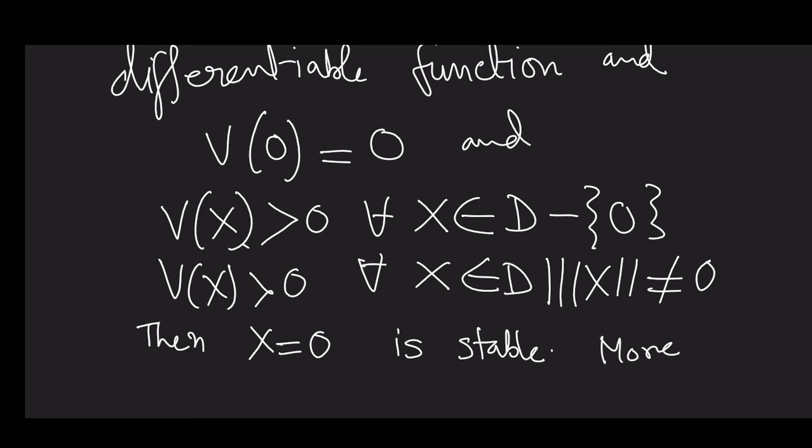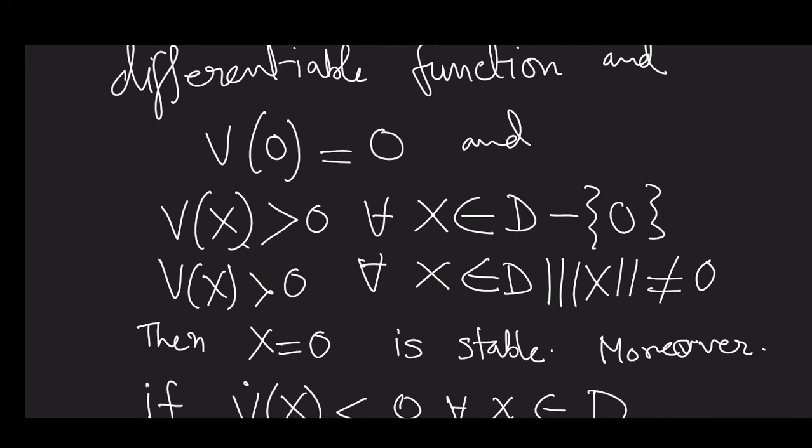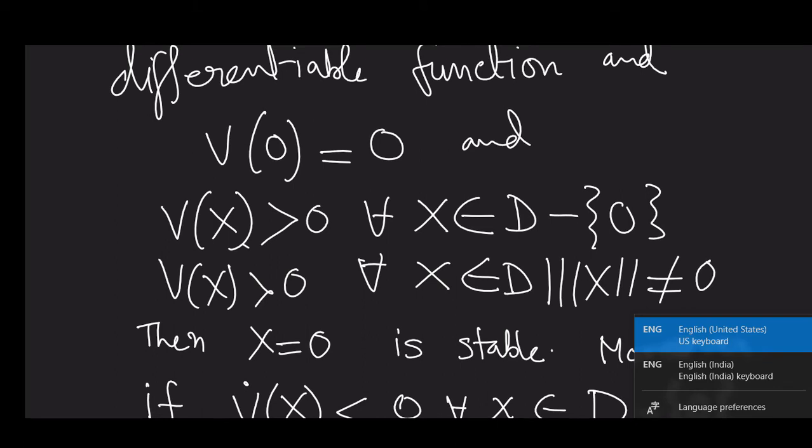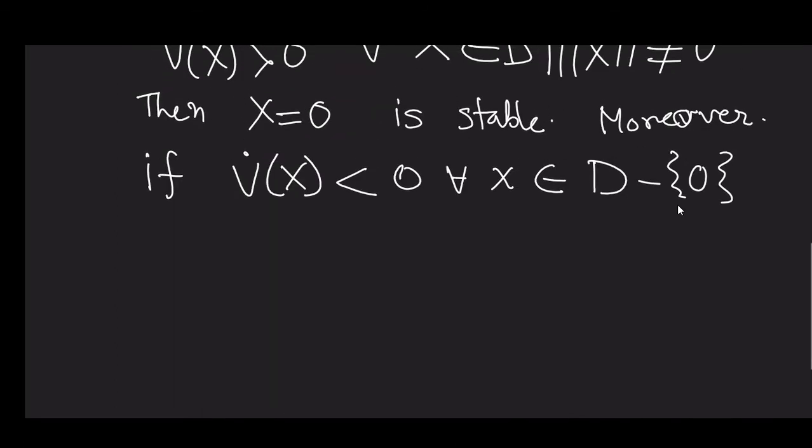Moreover, if V dot x is less than 0 for all x belonging to D minus 0, then the equilibrium is asymptotically stable.